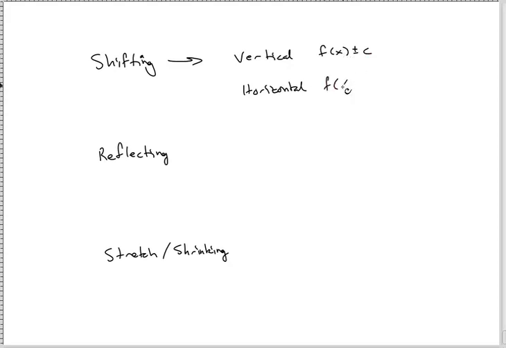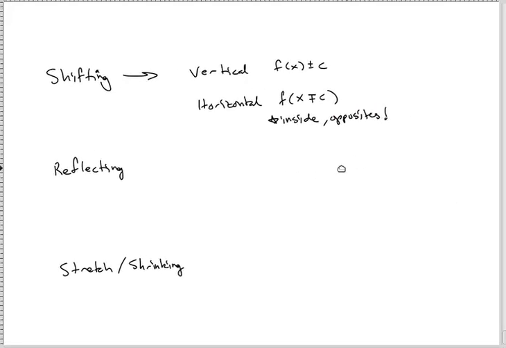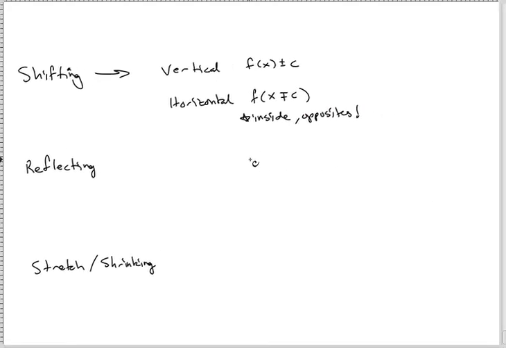Horizontal is going to be a minus plus on the inside. And I'm just going to put a little reminder here. Anytime you see inside, you need to think opposites. Inside, opposites. Inside, opposites.